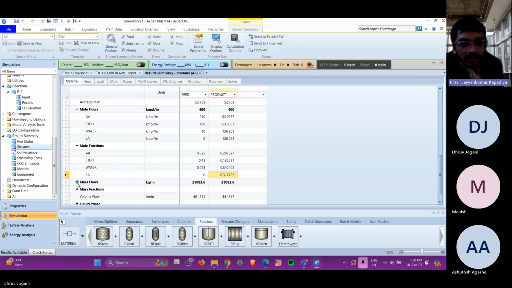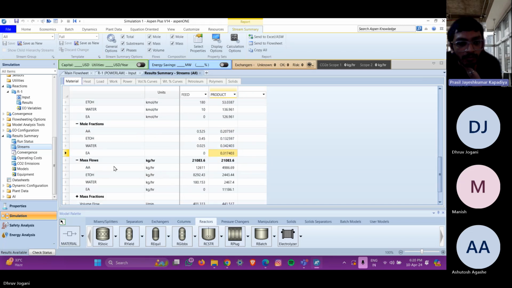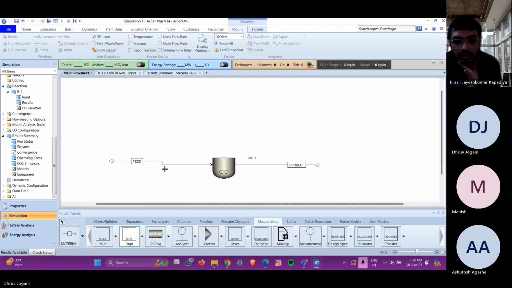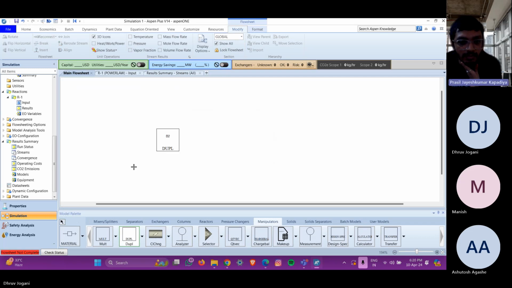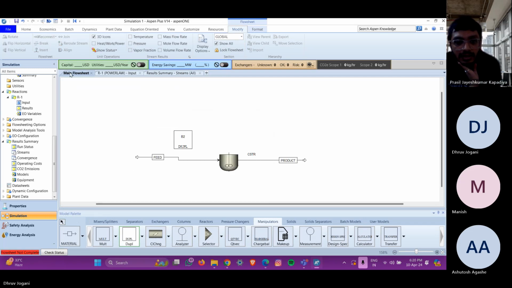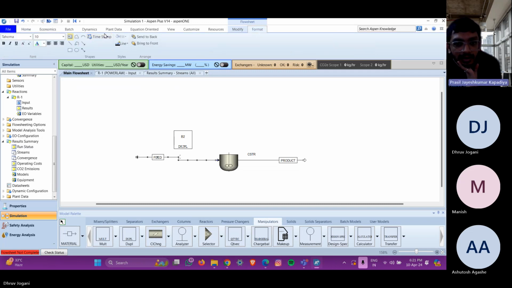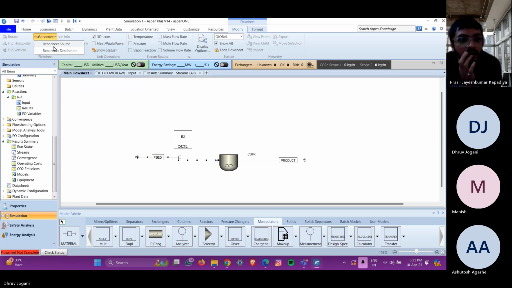Let's repeat this same problem for a plug flow reactor. Okay, add a duplicator. Just right click and reconnect destination.